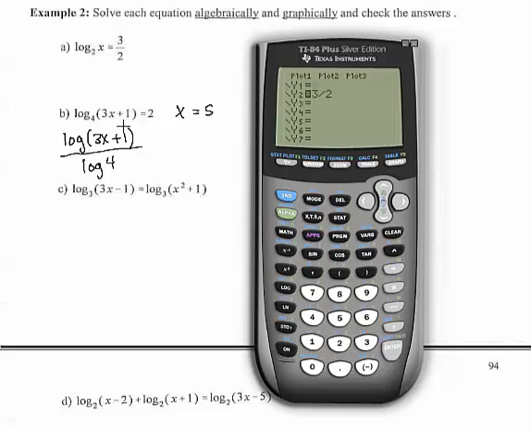This would be identical to log base 4 of 3x plus 1. This would go into your y1 line, and then y2 would simply equal 2.